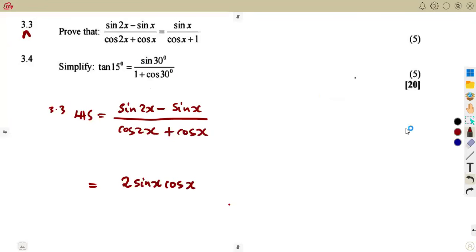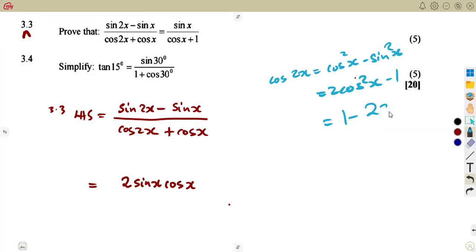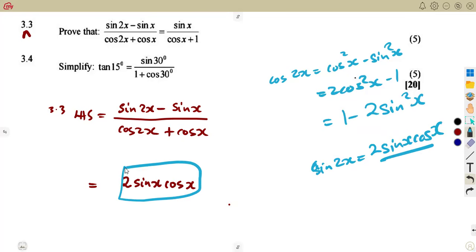If it is cos 2x, it can be cos squared of x minus sine squared of x. It can be 2 cos squared x minus 1. It can be 1 minus 2 sine squared x. We are not given this, but for sine of 2x, it's just one identity: 2 sine of x, the cos of x, which is the one that we used. There is a minus sine of x here, so there we do not have an identity, just rewrite as it is.